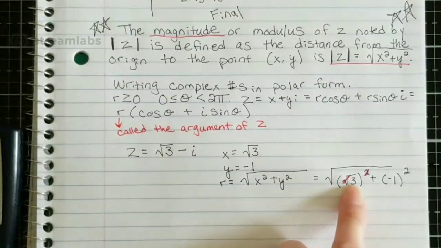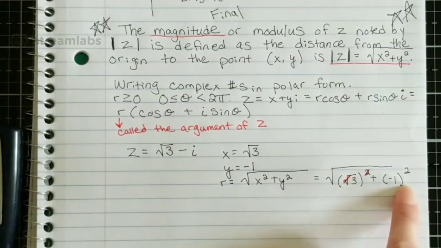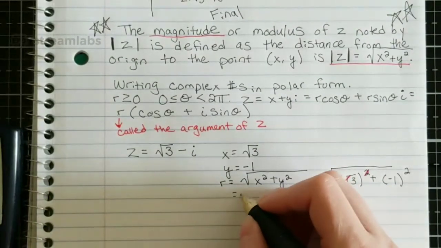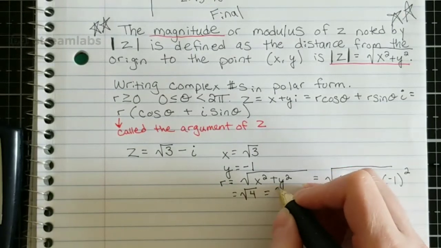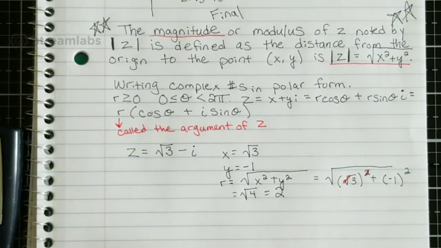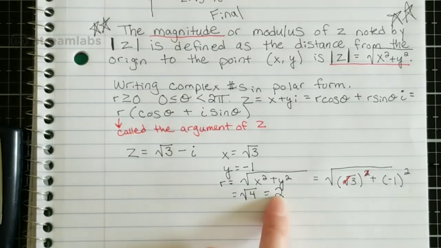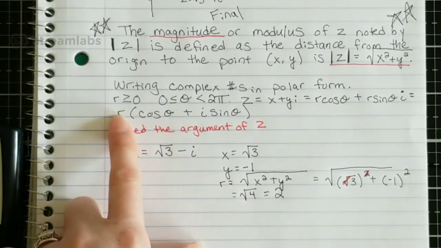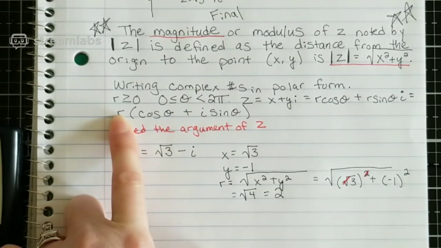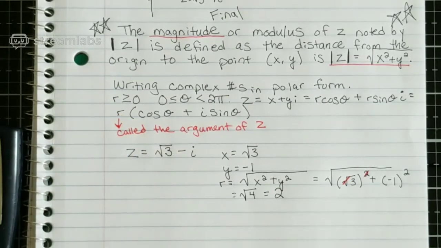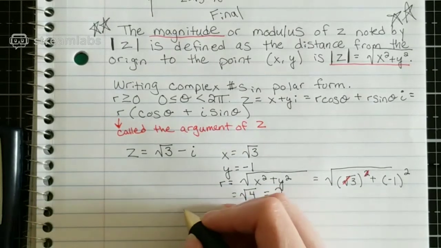So basically we're looking at 3 plus 1, so that would be the square root of 4, and the square root of 4 is 2. So we know that r is going to be 2, and then we're going to need to figure out what theta is.